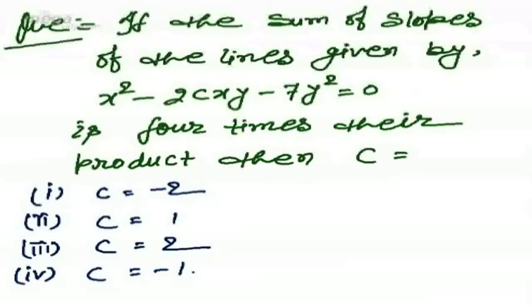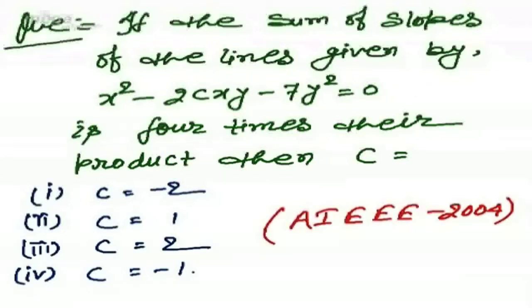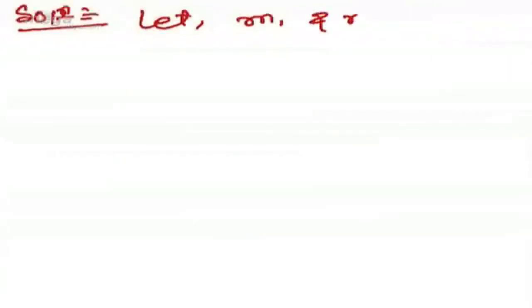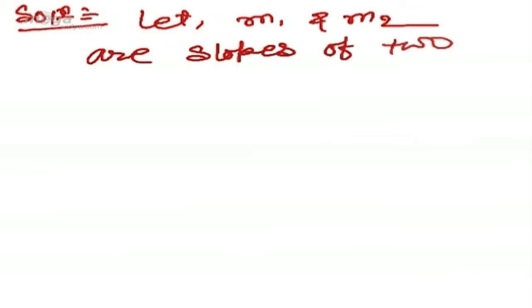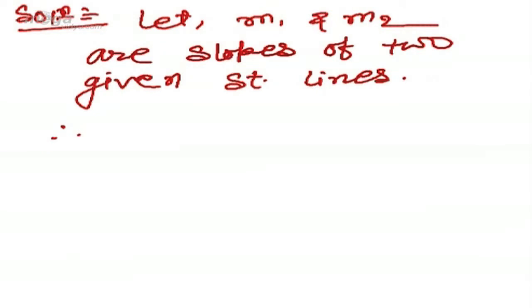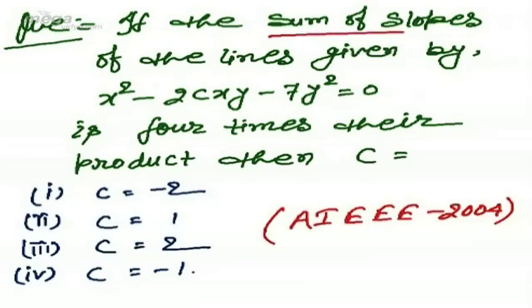This question was asked in AIEEE 2004. Here the given condition is, let m1 and m2 be the slopes of the two given straight lines. Therefore, the given condition is that the sum of slopes is 4 times their product.